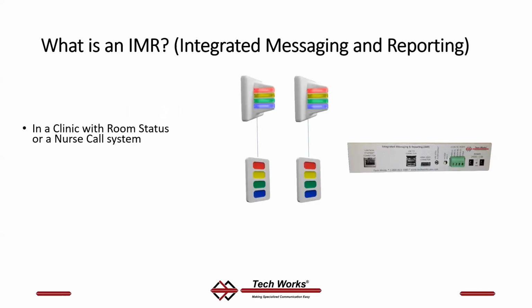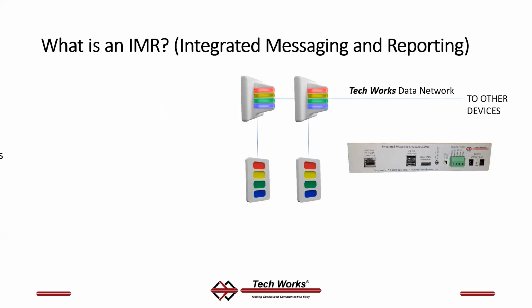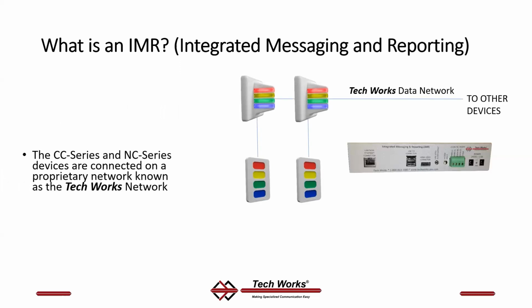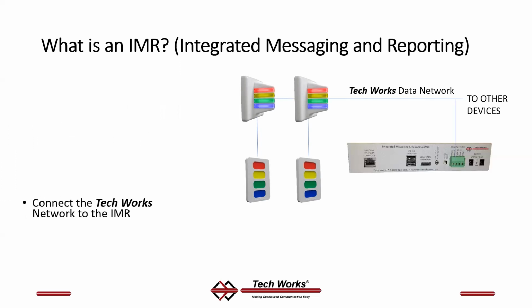In a clinic with room status or a nurse call system, there are a bunch of smart devices that communicate on the TechWorks data network. On an NC system that network is the annunciators. On the CC2 product, all the devices talk to each other over the network.